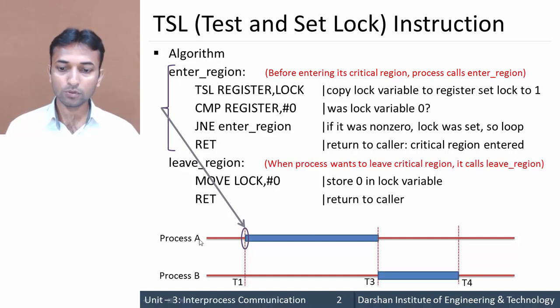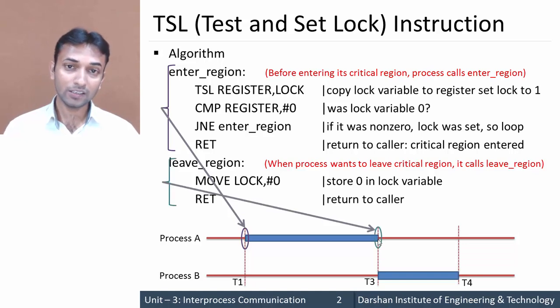Now if you consider the same process A, then process A calls leave_region at time t3 immediately after exiting from the critical section. So if we consider process B, then B will call enter_region at time t3 before entering its critical section, and will call leave_region immediately after exit from the critical section.